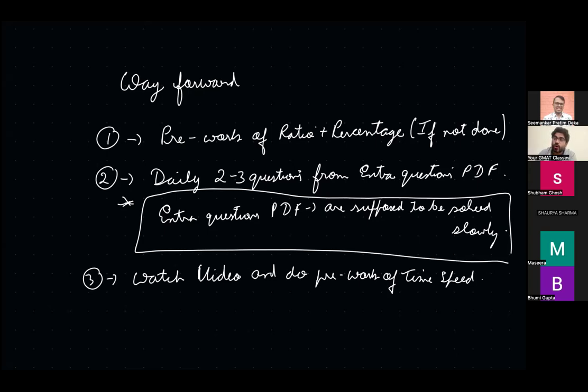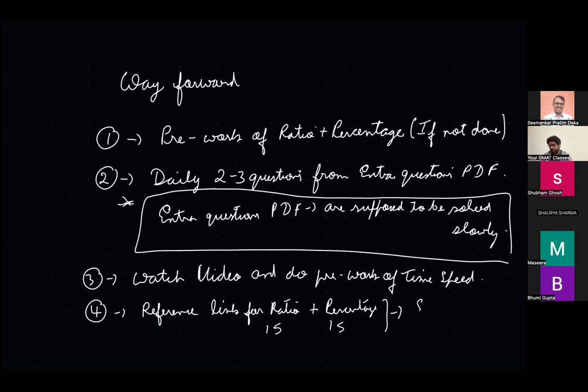I expect you all to do that before the next Saturday. 4: I will share a reference link for ratio 15 questions and percentage 15 questions. Solve all before next class. That's it. This is your quant assignment from my side before the next class.